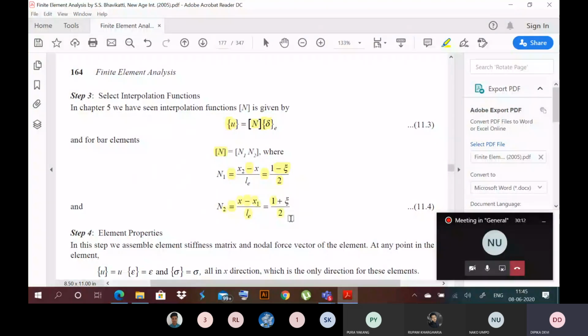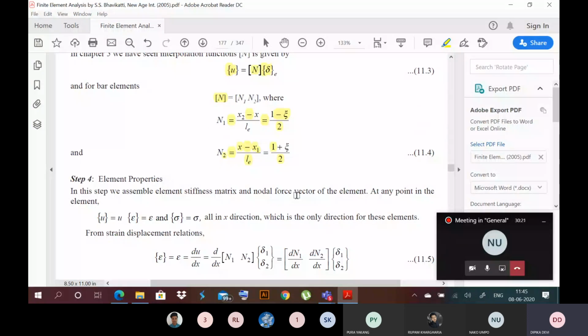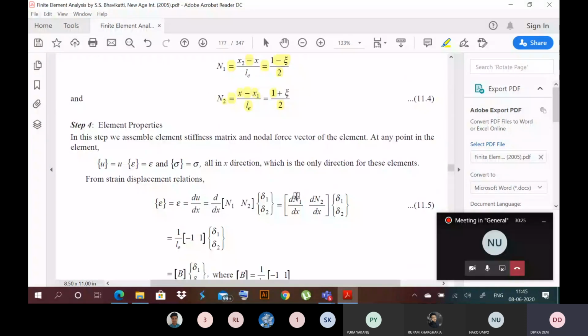We have defined the nodal element displacement vector, global displacement vector. Next is the element properties. So what are the element properties? Here we have to relate the stress and strain in terms of the nodal displacement. That is done using the B matrix. Strain is related to the nodal displacement using the B matrix.